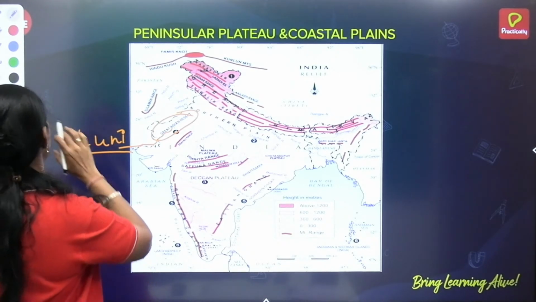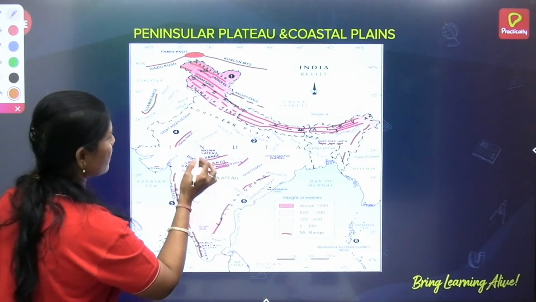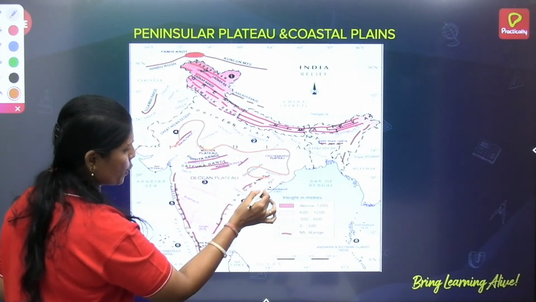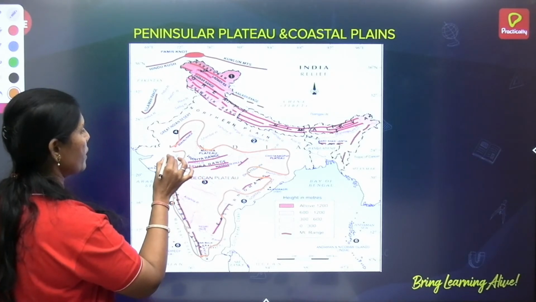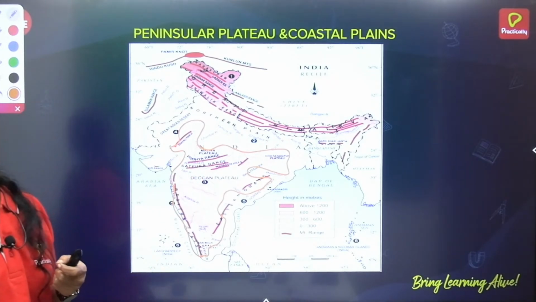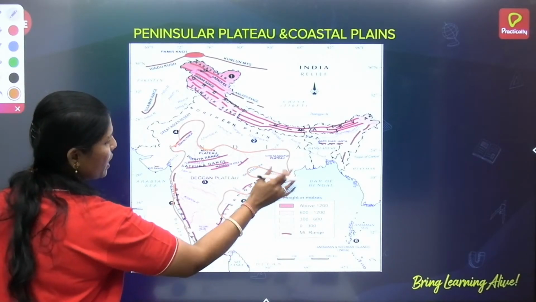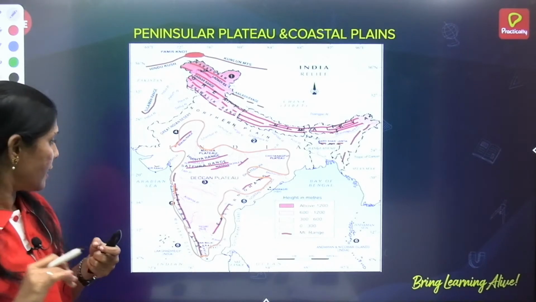Okay, so let us have the fourth feature, that is the plateau region. So this is the plateau region. We can find it over here. It's a tableland, and when comparing with the other remaining regions, it's like elevated areas.